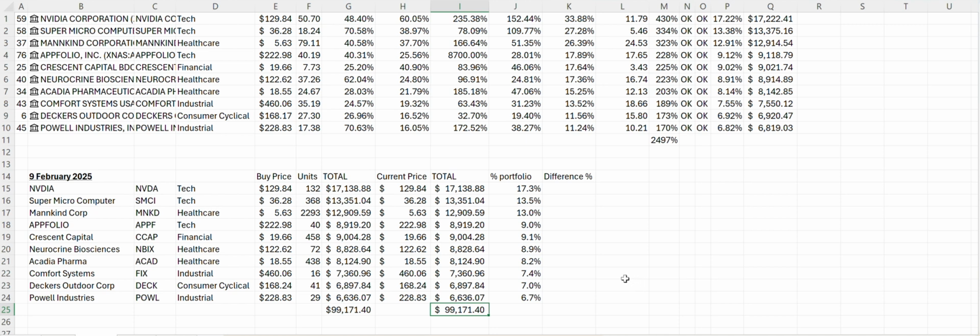What I'm also going to do is compare this simplistic first step portfolio versus some of the high hedge fund asset portfolio managers like Warren Buffett, Howard Marks, and so on and so forth. So stay tuned for future videos. This is the one that I'm starting off with on the 9th of Feb 2025. So let's see what happens if this basic filter works.